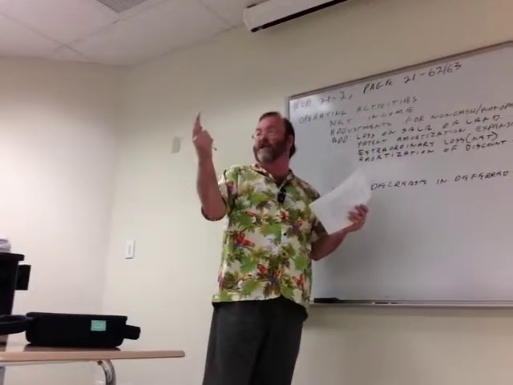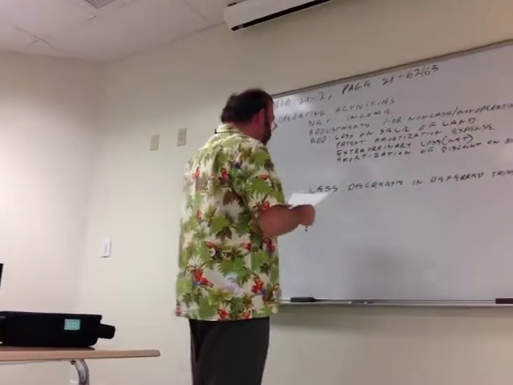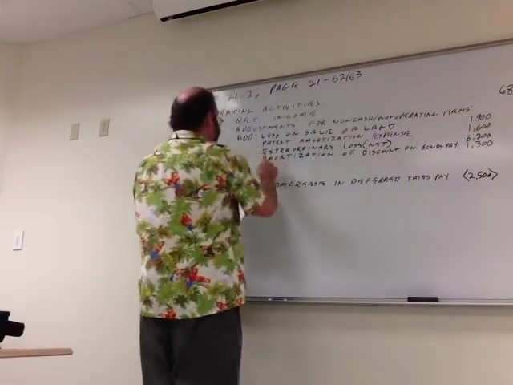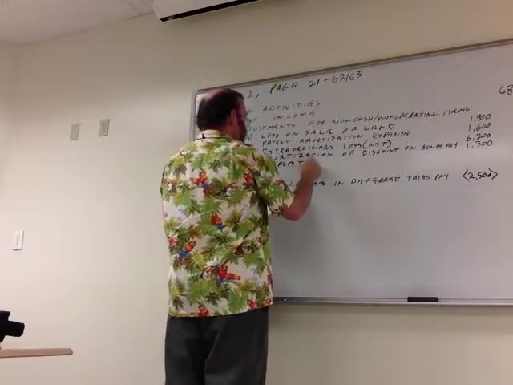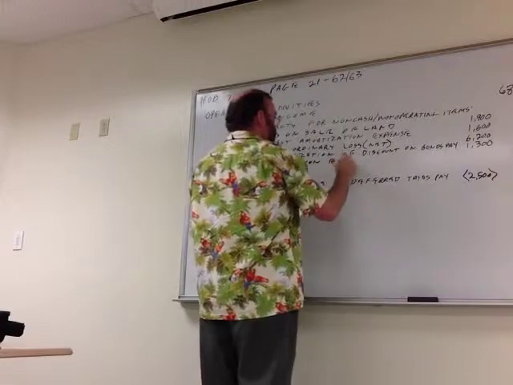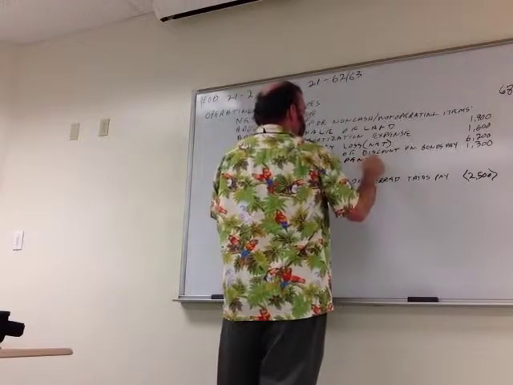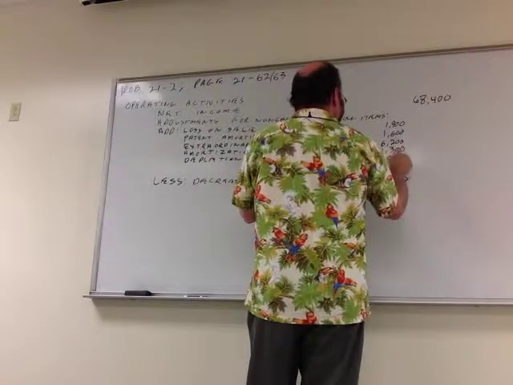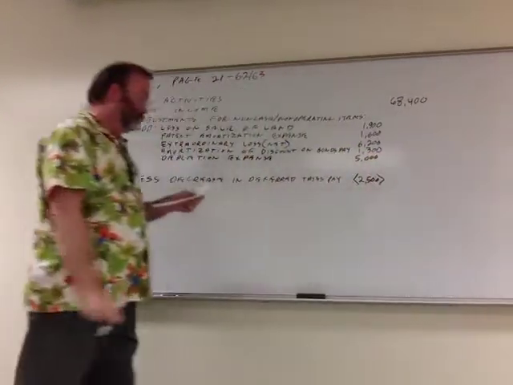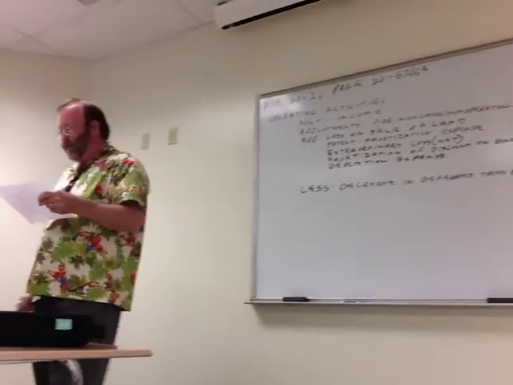Item J is the payment of cash dividends. That doesn't even belong in this section. Item K, depletion expense. So like I mentioned, depreciation, amortization, and depletion are all non-cash. $5,000.